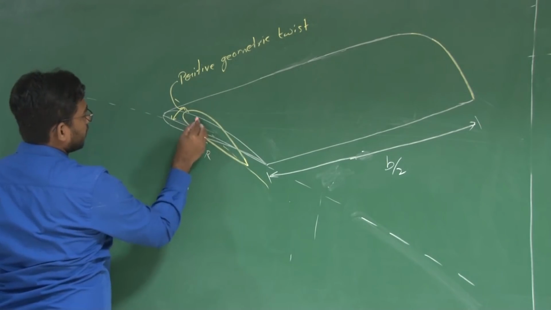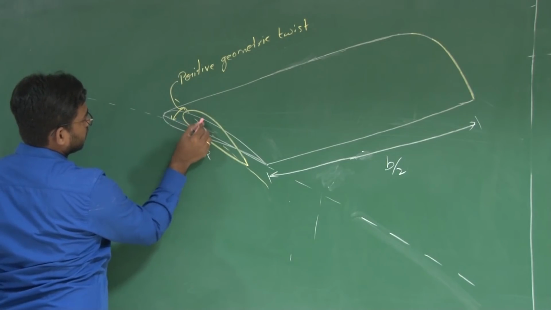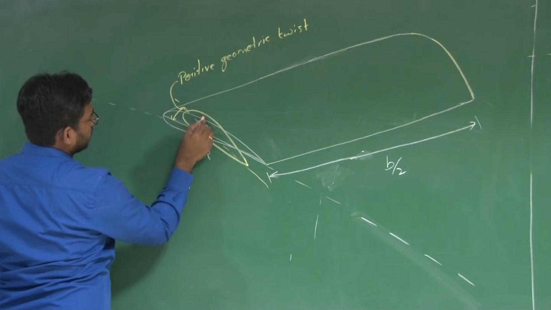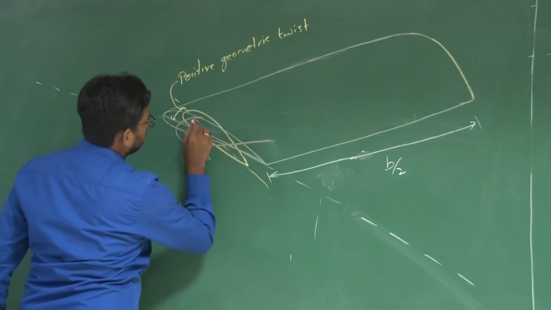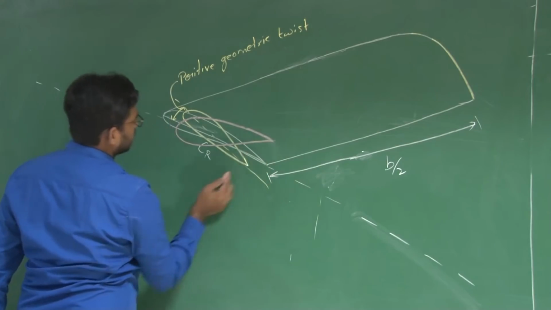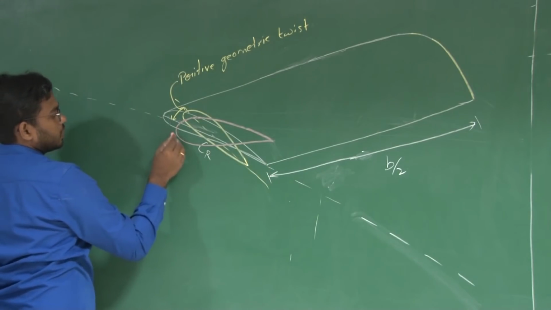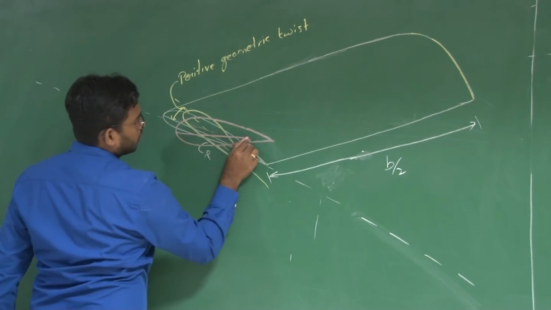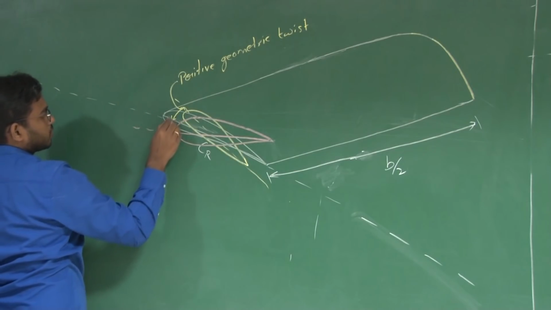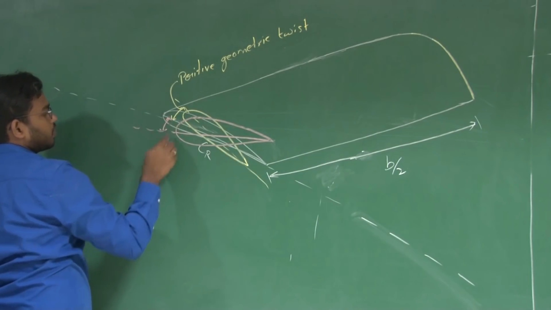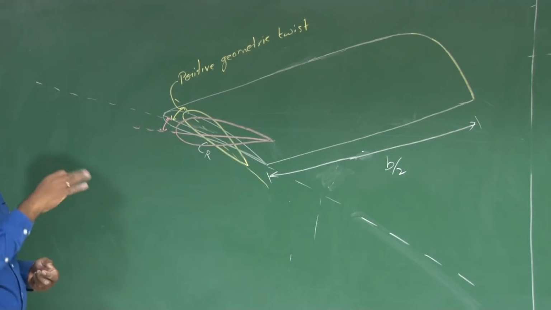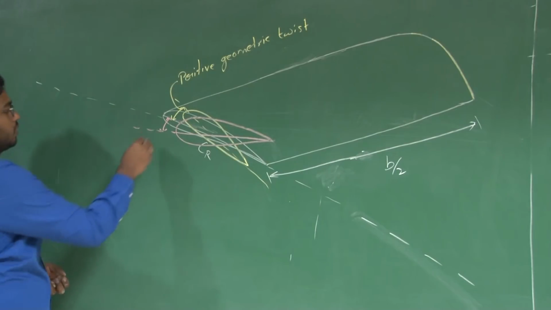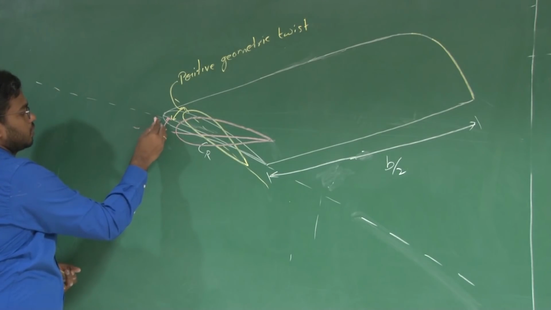Say if the chord of the tip aerofoil is oriented in this direction, below this root chord, then you call this negative twist.